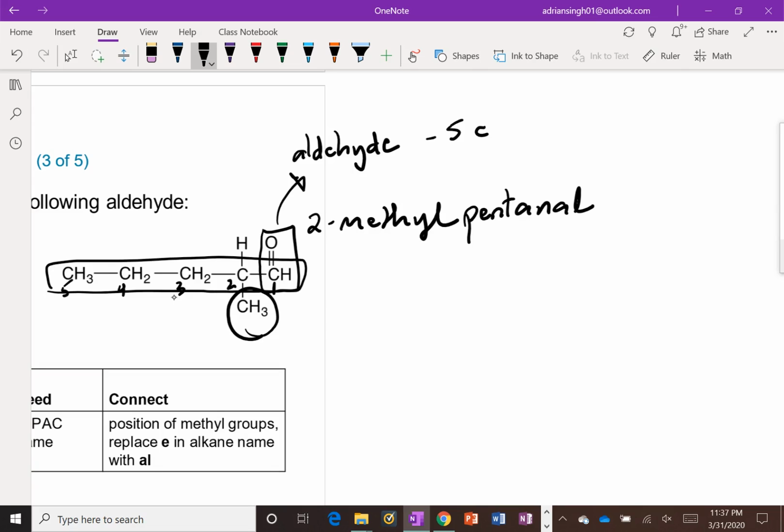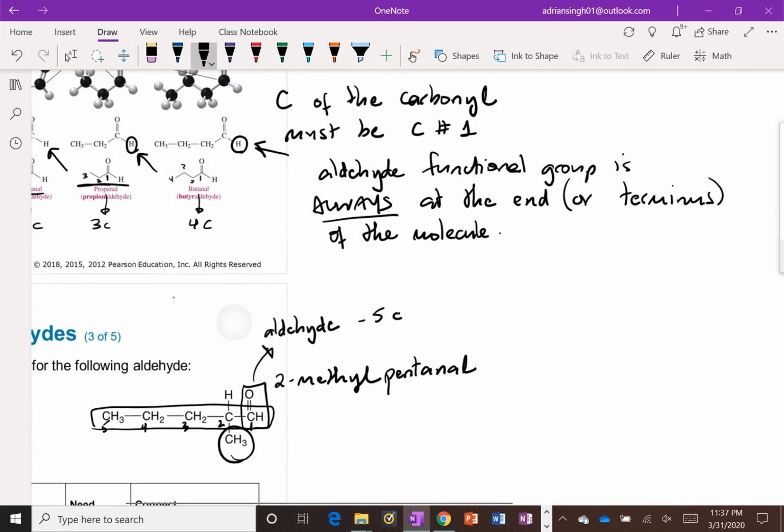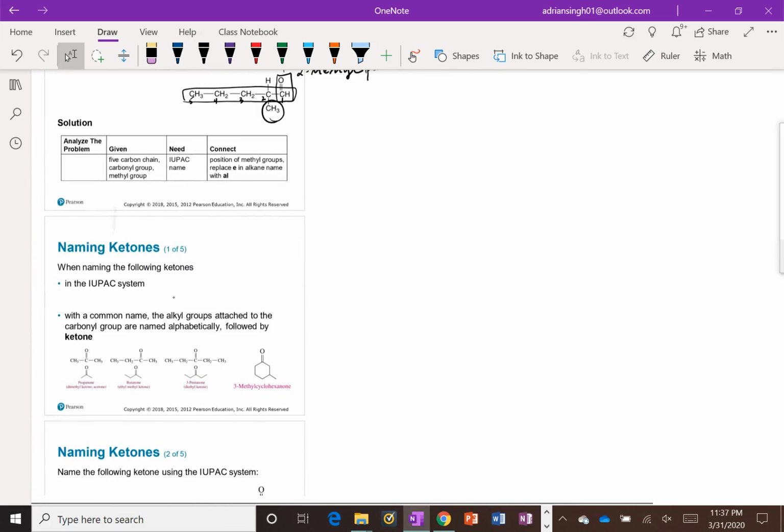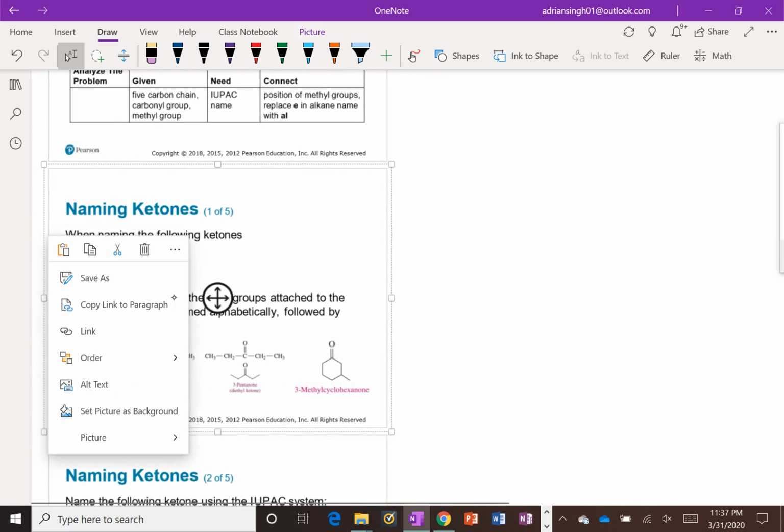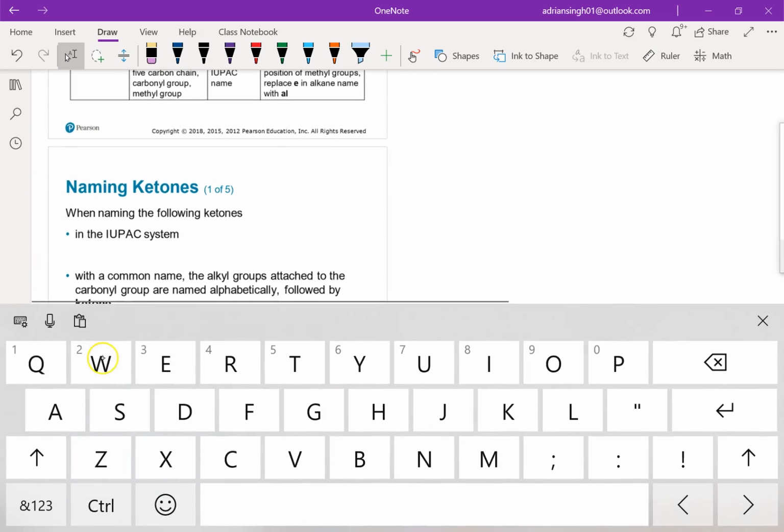We don't need the 1 to say that the aldehyde is on carbon 1 because it's understood that it's going to be on carbon 1, because the aldehyde is always going to be at the end or the terminus of the molecule. All right, and that's different than what we're going to see with our ketones.